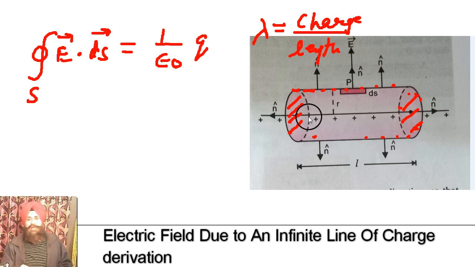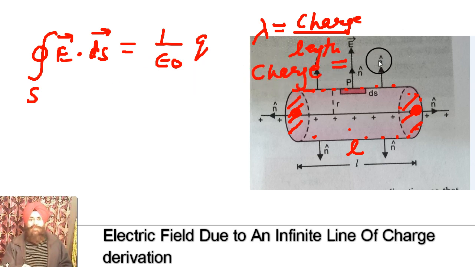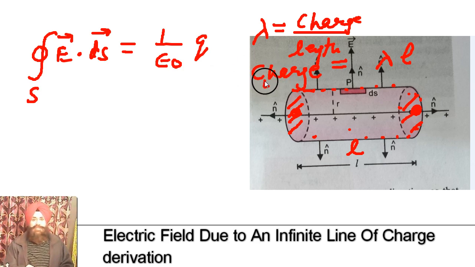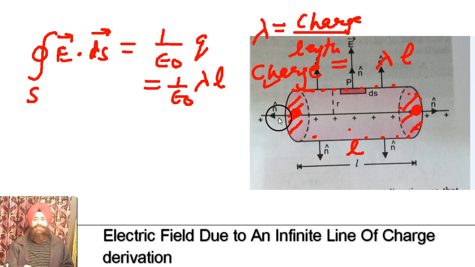So we consider the length from here to here as L. Then the charge enclosed by this cylindrical surface will be equal to lambda into L. Okay, this charge is Q, which is enclosed. So it is equal to lambda into L.